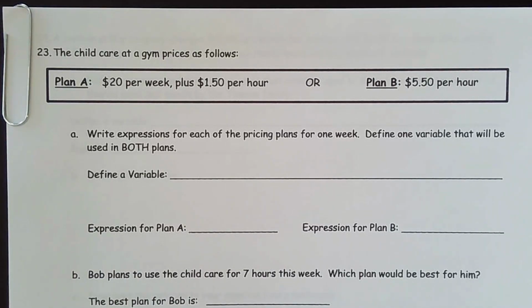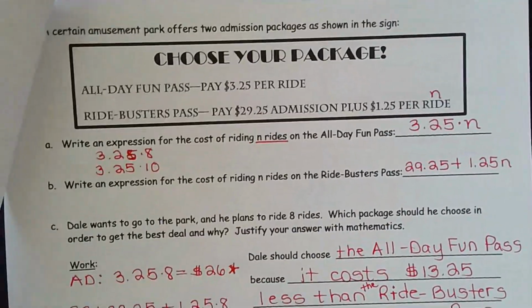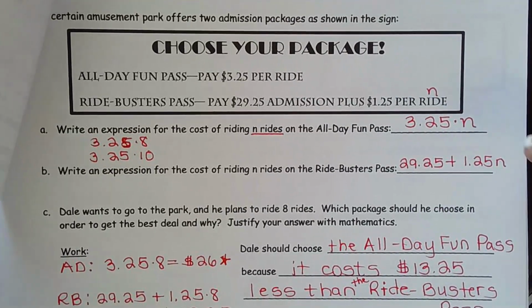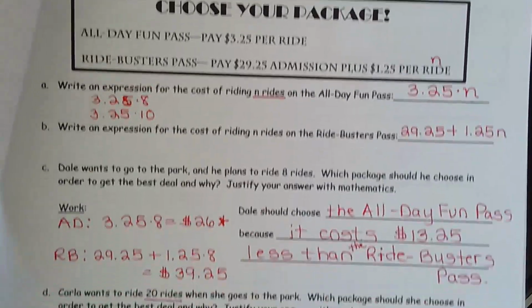Today we're going to start our last page of lesson 6 in module 5 with a warm-up. This one I am going to let you do all the parts by yourself because we did one a couple videos ago just like it, the amusement park passes, where we first wrote statements to describe the cost of each pass.